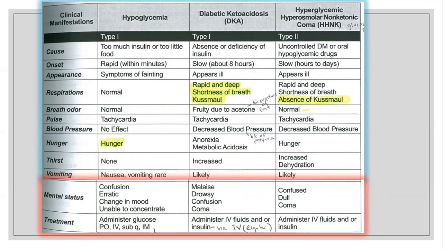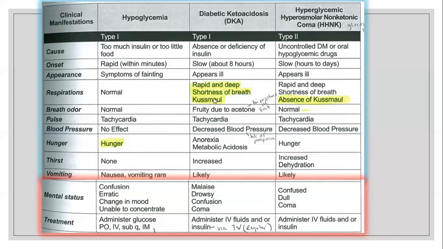Usually the NCLEX board asks a question: in case of diabetic ketoacidosis, or DKA, what is the pattern of respiration? It is rapid and deep, with shortness of breath, and we call it Kussmaul respiration.